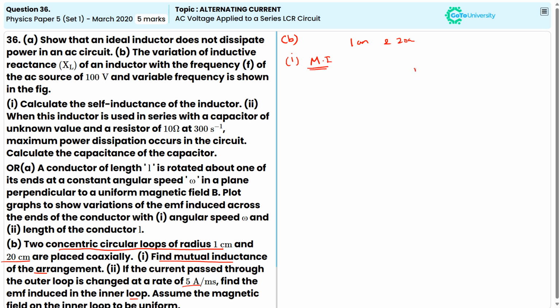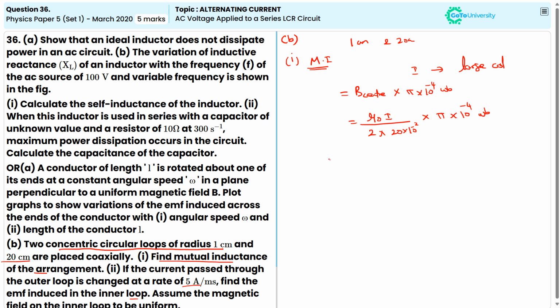If current I flows through the large coil, the magnetic flux linked with the small coil will be M I. The magnetic field at the center of the loop, B center, into pi into 10 power minus 4, and B center is nothing but mu naught I divided by 2 into 20 into 10 power minus 2, into pi into 10 power minus 4.